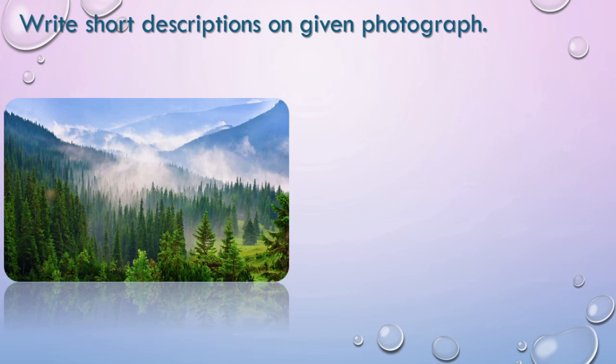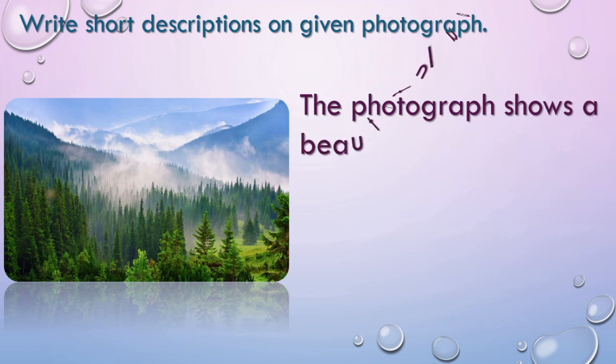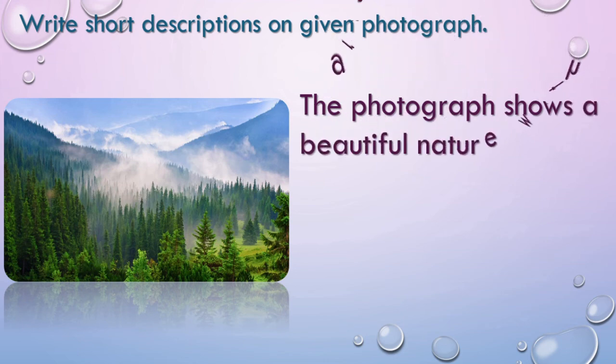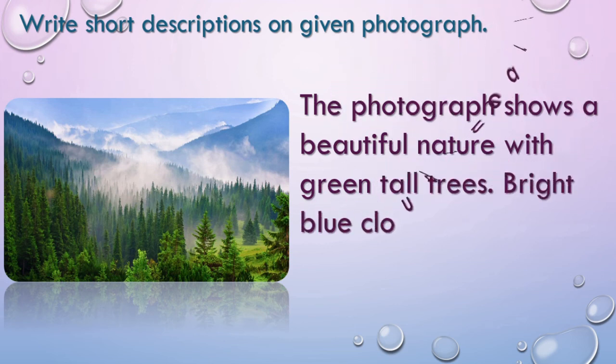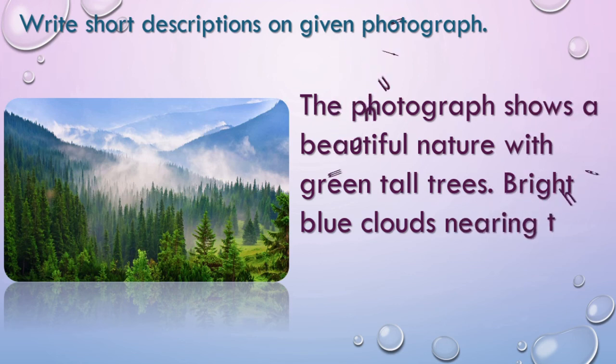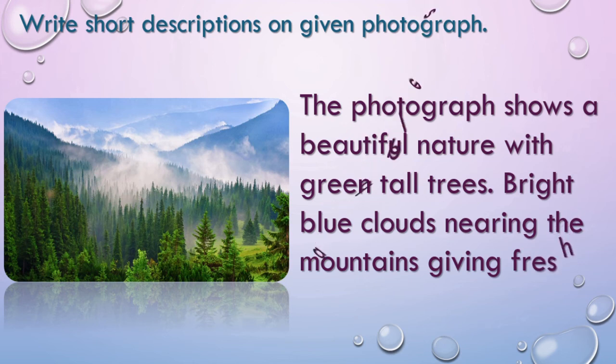Okay. Here is one more picture that we have seen earlier, right? The nature picture. Here we can say like this. First observe the photo carefully. Now let us write. The photograph shows a beautiful nature with green tall trees. Here we have used the colors and the shape, tall trees.